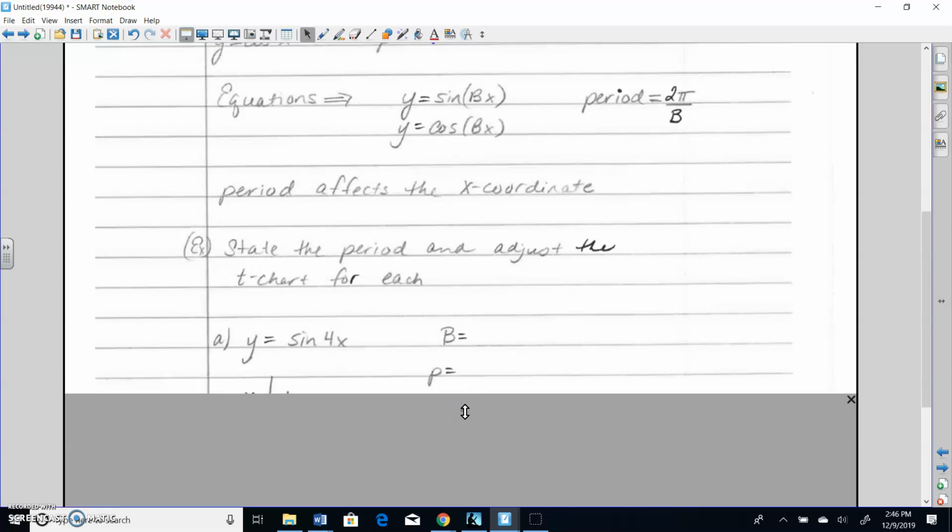So remember, b is the coefficient of x, and what is the coefficient of x in this? So b is 4. And then to find the period, we take 2 pi over b, and in this case, b is 4. So the period of our function is pi over 2, or a half pi, as some people say.